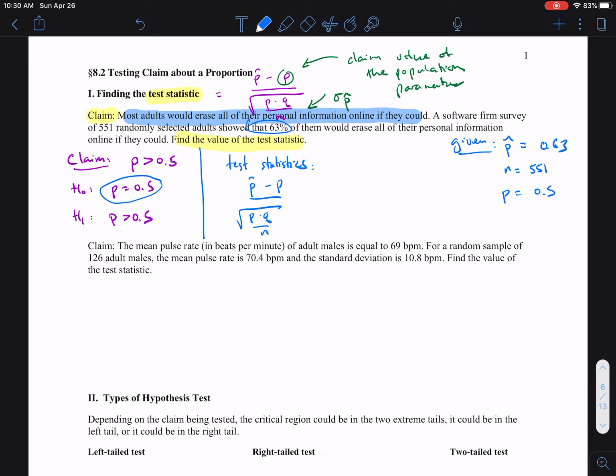So let's plug those values in here and then use a calculator to get what the test statistic would be. Crunch those numbers in your calculator. That should give us the test statistic.